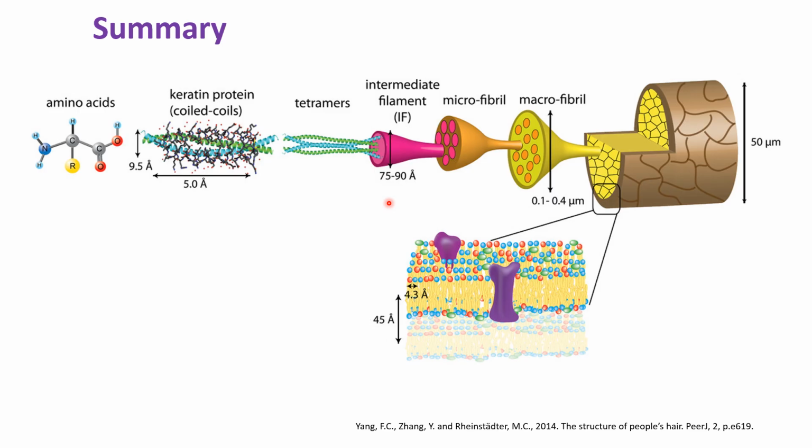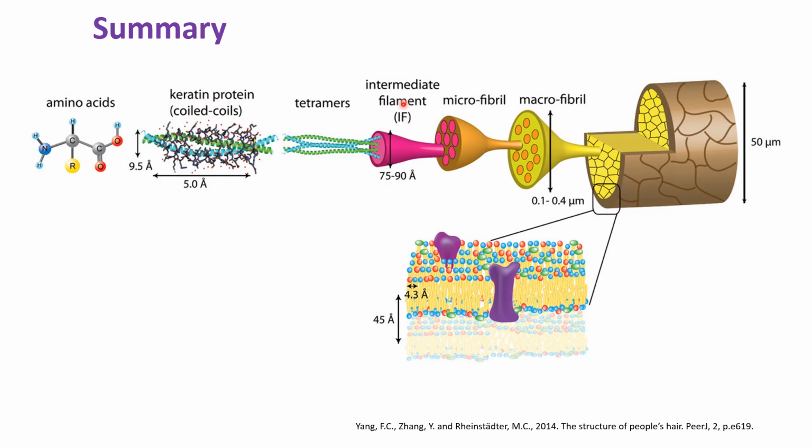So what we've got going on here, we've got our whole idea of the amino acids sitting as the most fundamental unit of hair in terms of how it's structured. We've then got the keratin protein and those coils and how those are actually connected together as a means of sort of saying, right, that's a next level of structure to this. And then we've got these tetramers that are forming an intermediate filament that are bonded together.